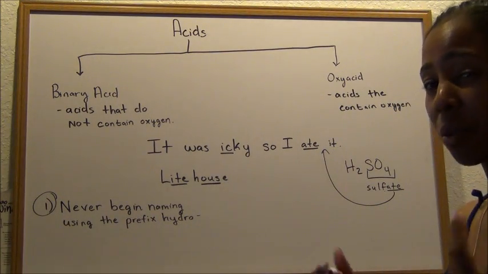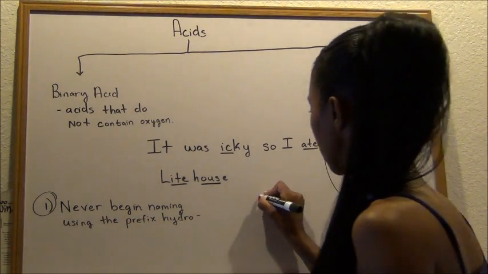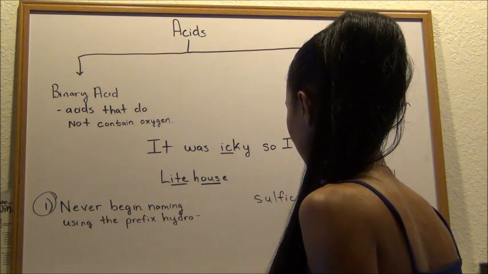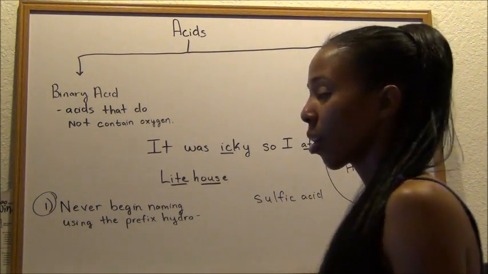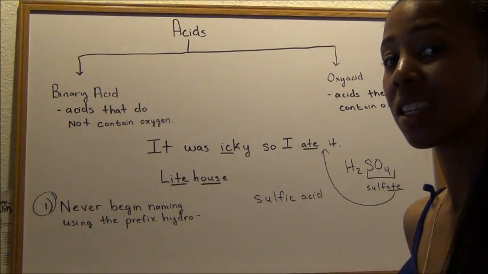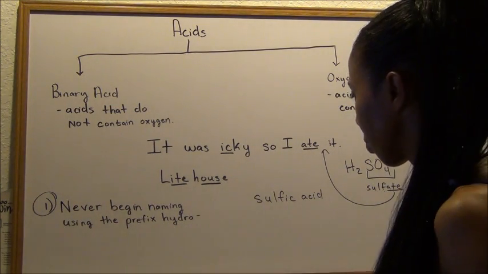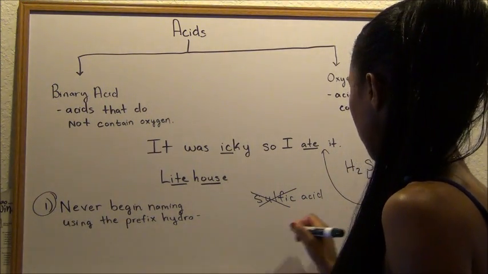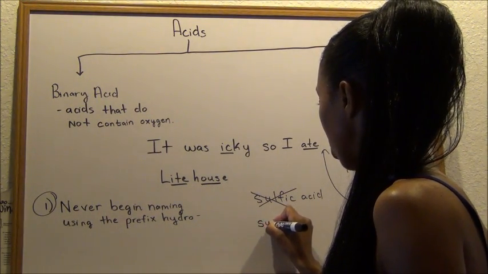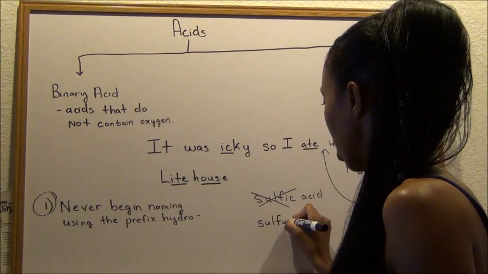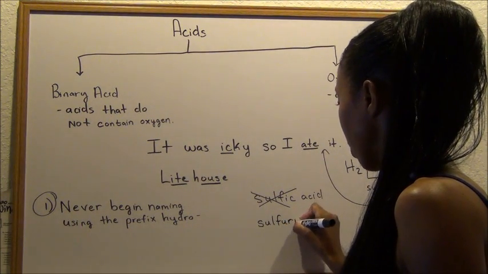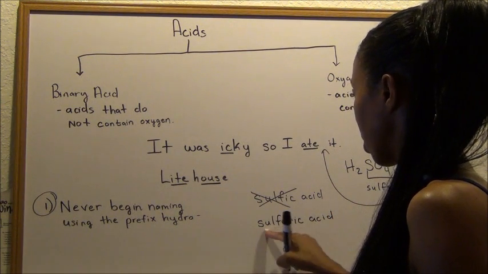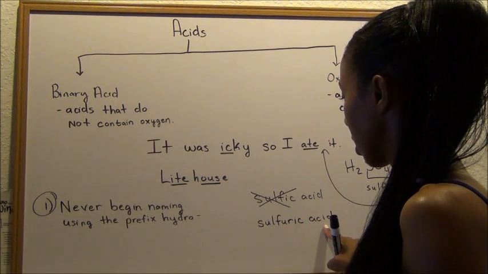Now, you would think, well, this is called sulfic acid. But that's actually not how we pronounce it. The root name for this is sulfur. So we call it sulfuric acid.